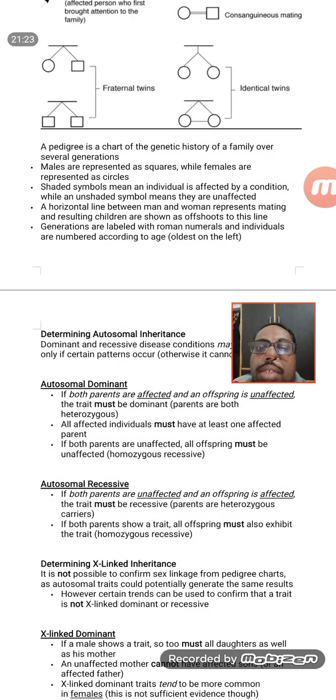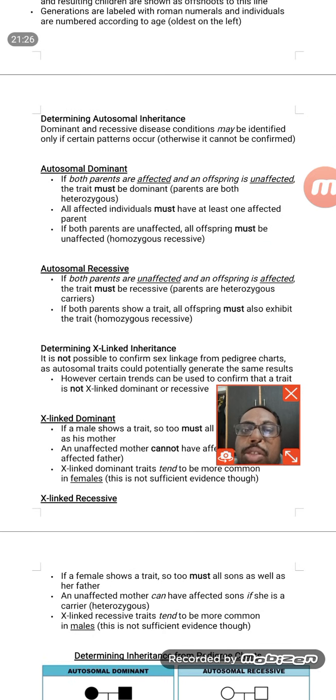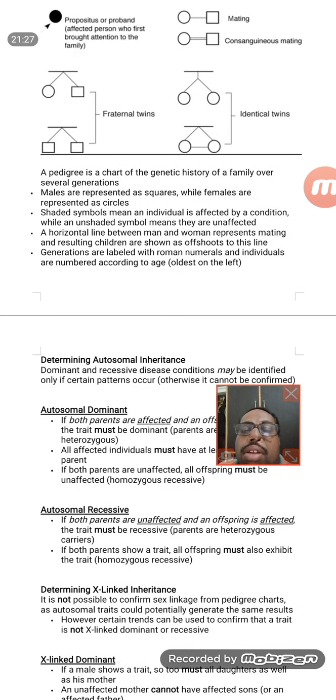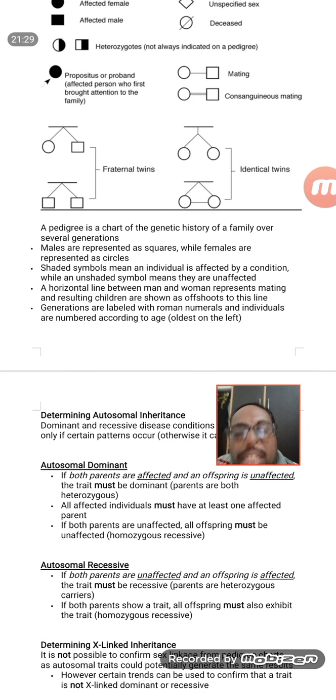And I have given some questions related to this pedigree. It is very important. Why? In the board examination, they may just ask you to draw a structure related to the pedigree, but in some cases they can ask how we determine whether a trait is dominant or recessive, and what the cases are for that.